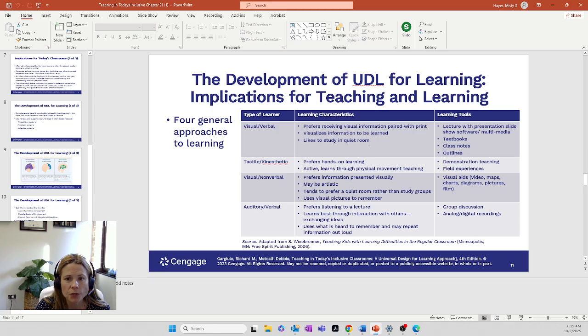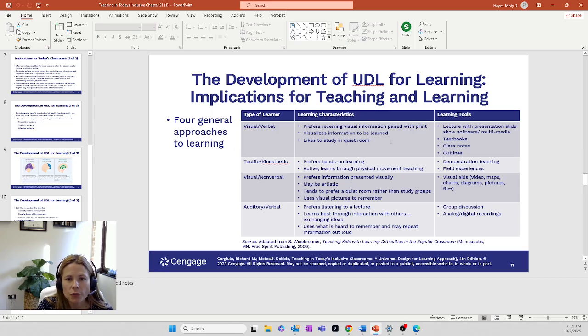Okay, and remember, when you're looking at these, think of these as approaches. How am I approaching this type of learner? How am I approaching this visual verbal learner? Here are their characteristics. Then the last column is the learning tools. Okay, so remember, you have teaching and learning, their implications, and we're going based on how we're going to approach each type of learner.